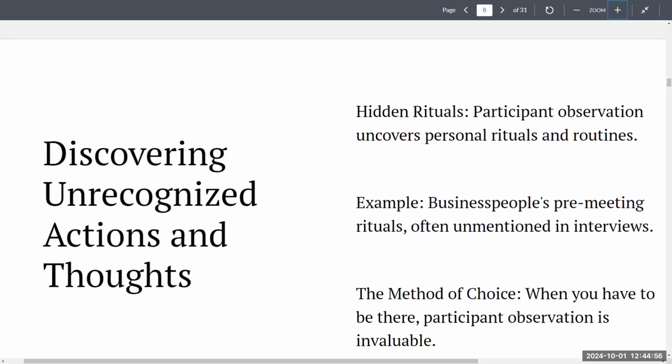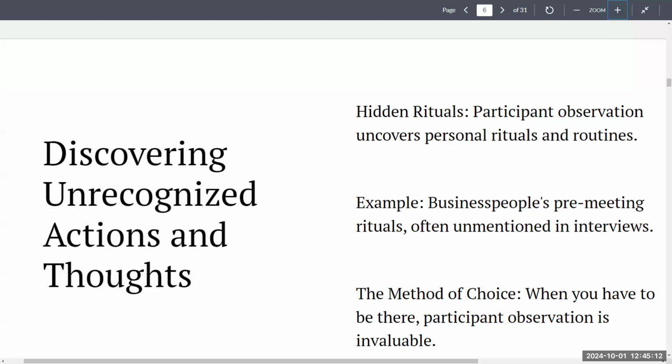All right, so hidden rituals are also things that are ingrained in people's lives that they may not recognize as significant. However, these rituals can reveal a great deal about a person's priorities, values, and social identity.